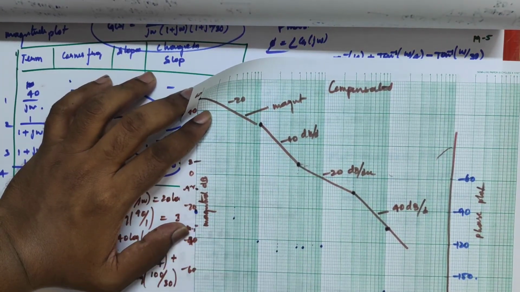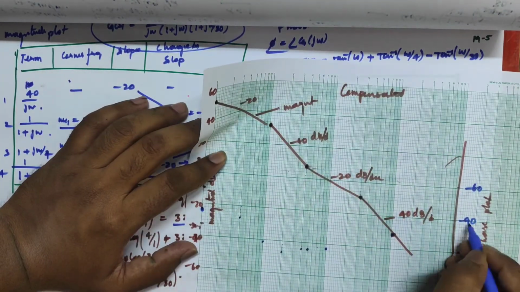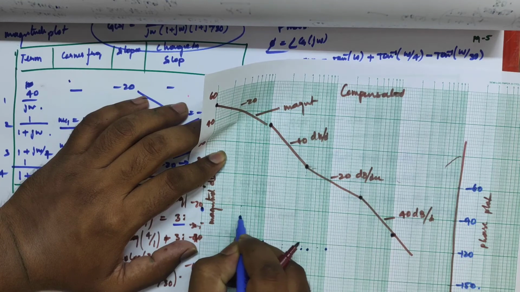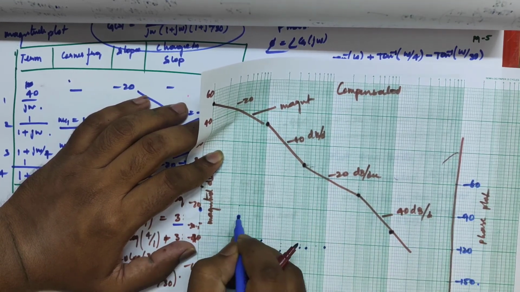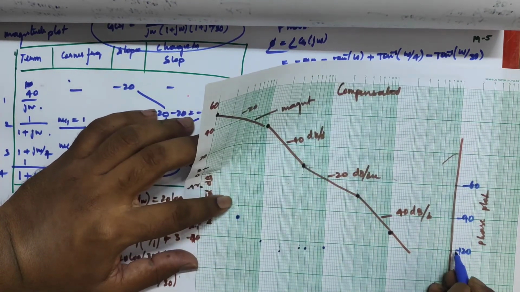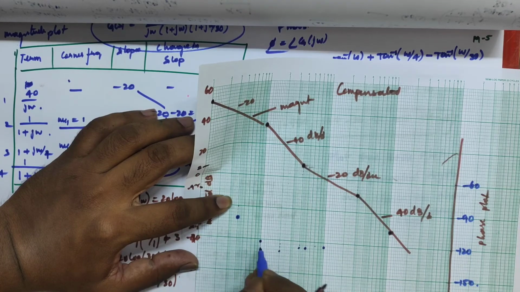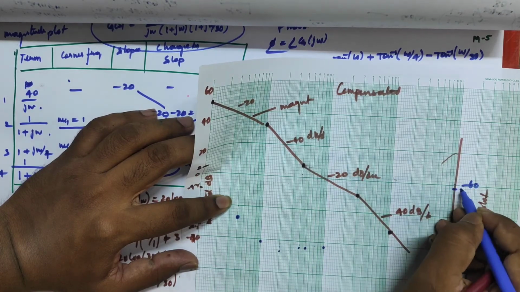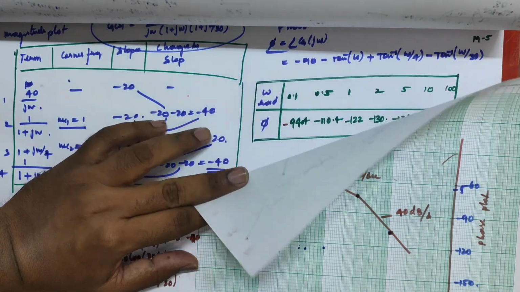At 0.5 I got minus 110. So in between I'll have minus 110, minus 90. At minus 90 to minus 120 I'll have approximately this point. And at 1 I have minus 122. Each division is 3, you have to mention that. And at 2 I got minus 130.